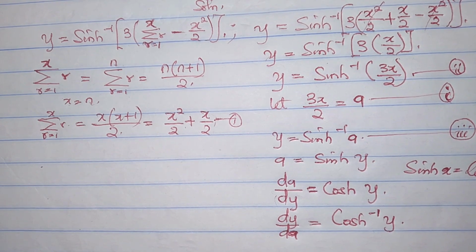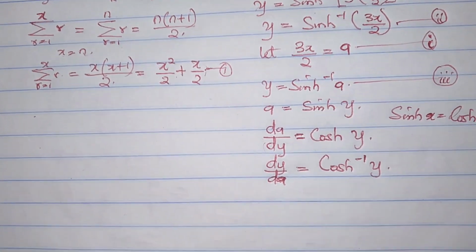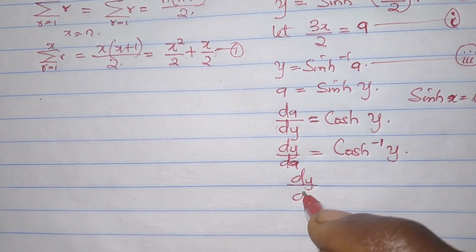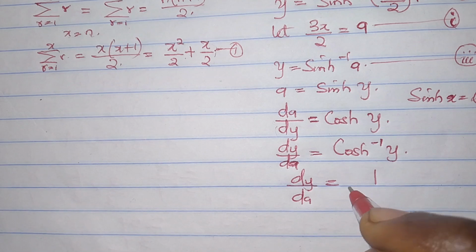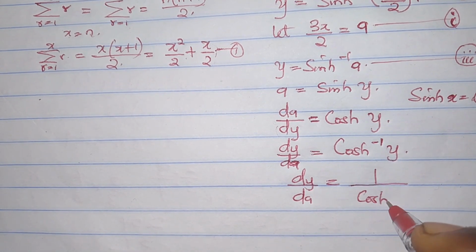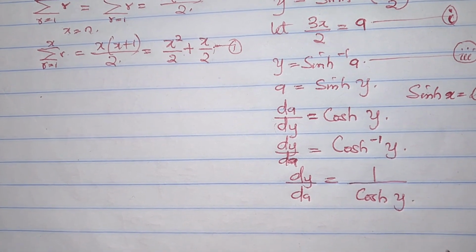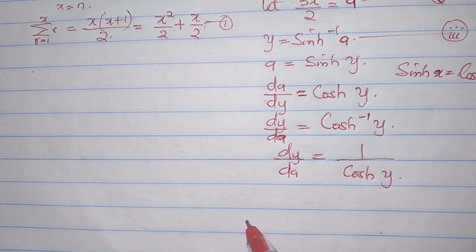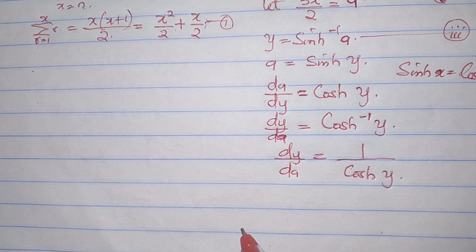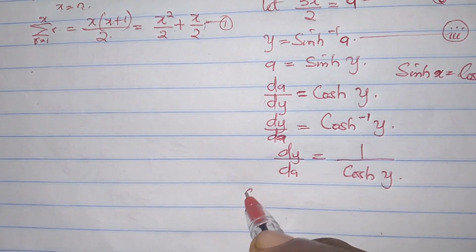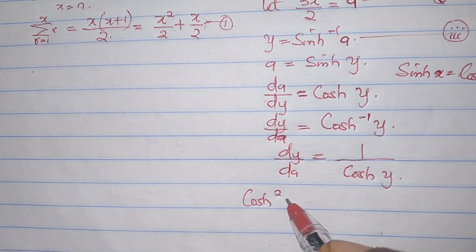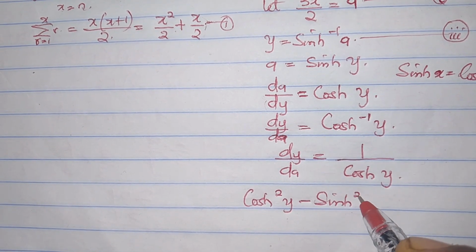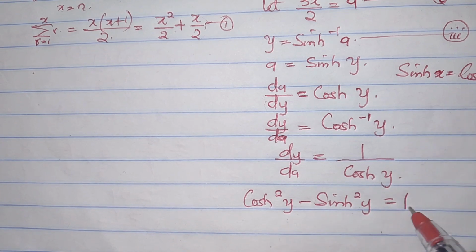So we are now having this, and this can further be simplified to be dy over dA equals 1 divided by cosine y. Therefore, from here, we have to remember the identity for the cosine and sine of angle, that we are having cosine square y minus sine square y, that this equals 1.